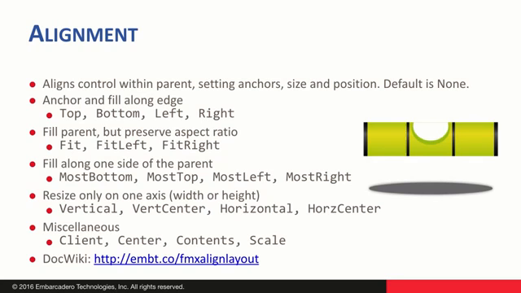Center centers inside that space. So it doesn't resize, it just centers in the space. Contents is interesting in that contents fills all the space of the parent, irrespective of other things that are aligned in the parent's client area. And then scale affects the things that are on it. So if you put something down and say it's scale, then as it grows, the things that are on it also grow.